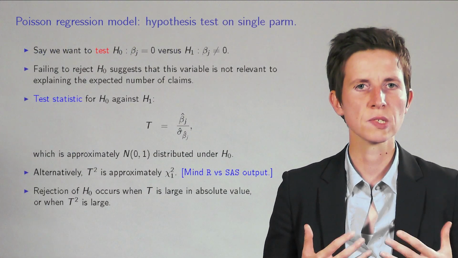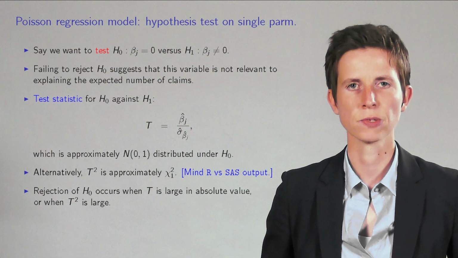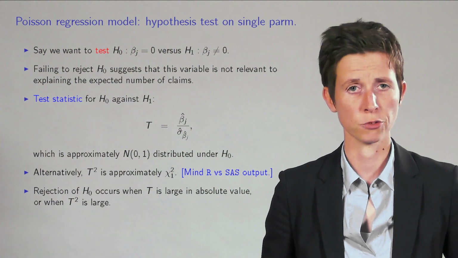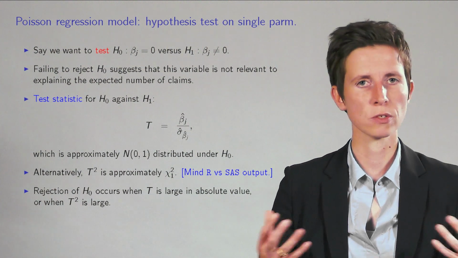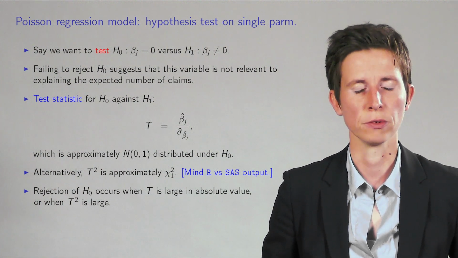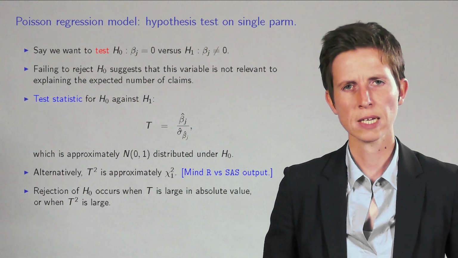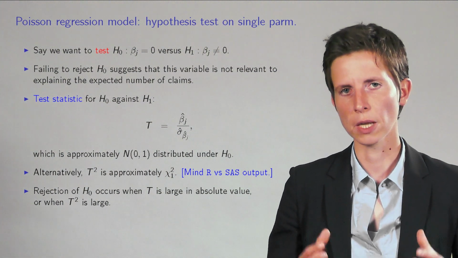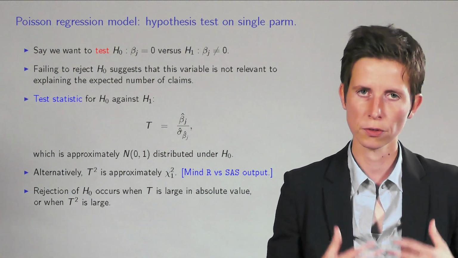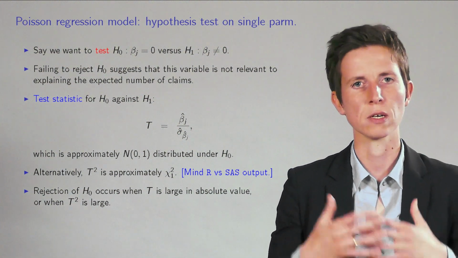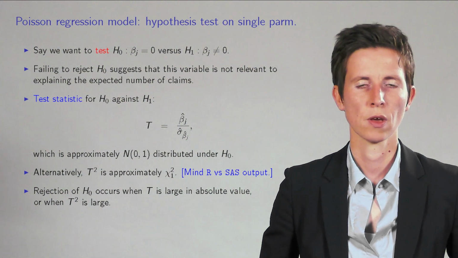We continue with discussing a hypothesis test for a single regression parameter beta j. Again, you've seen this before in typical econometrics courses where linear regression models are covered. Now say that we want to test the following null hypothesis. Beta j is equal to 0 versus the alternative hypothesis where beta j is different from 0.